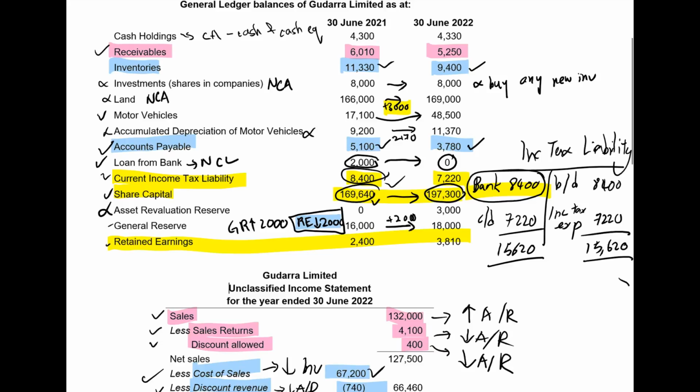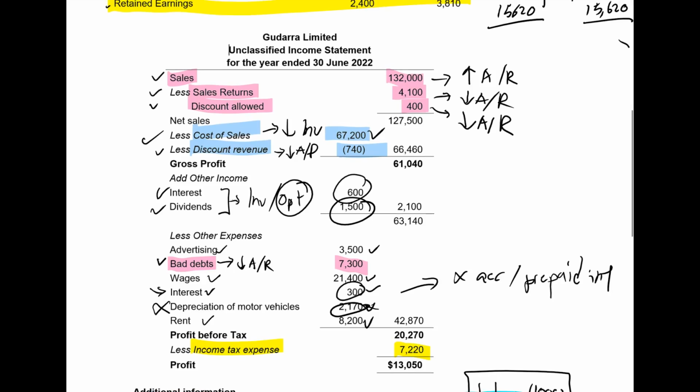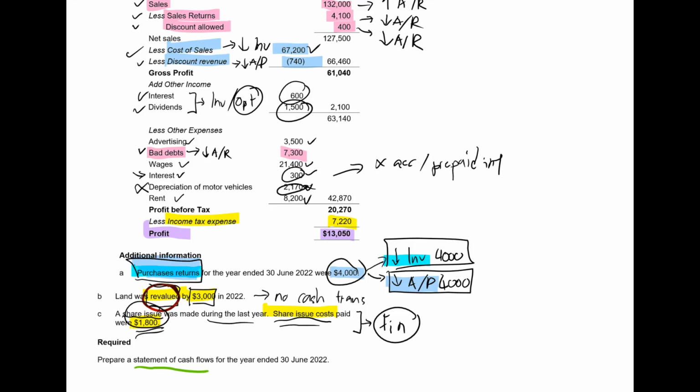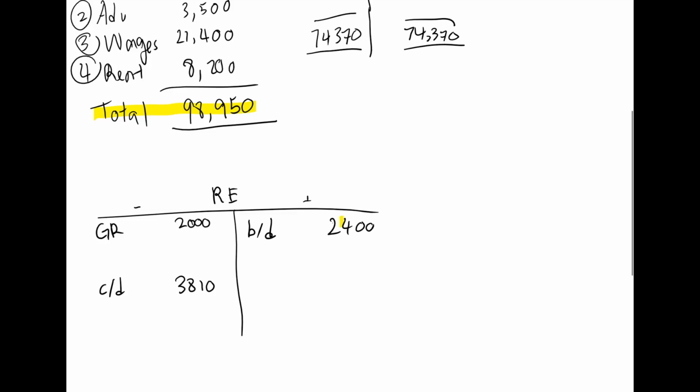And not to forget, you have to include your profit after tax, which is 13,050. Profit after tax will increase your retained earnings by 13,050.